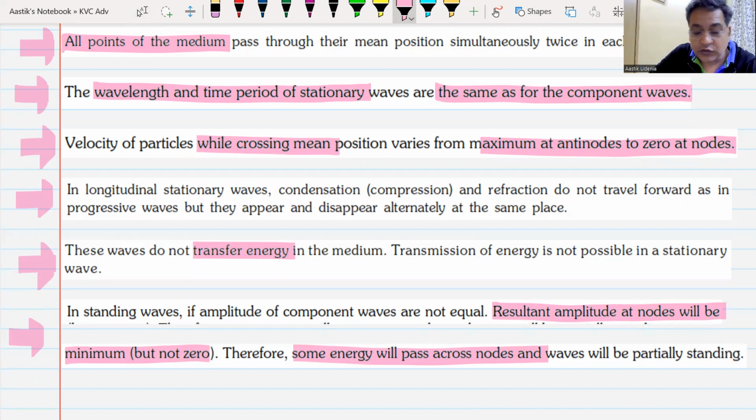So energy will remain constrained between nodes only if we have equal amplitudes of the two waves. I hope this point is clear to everyone in the class.